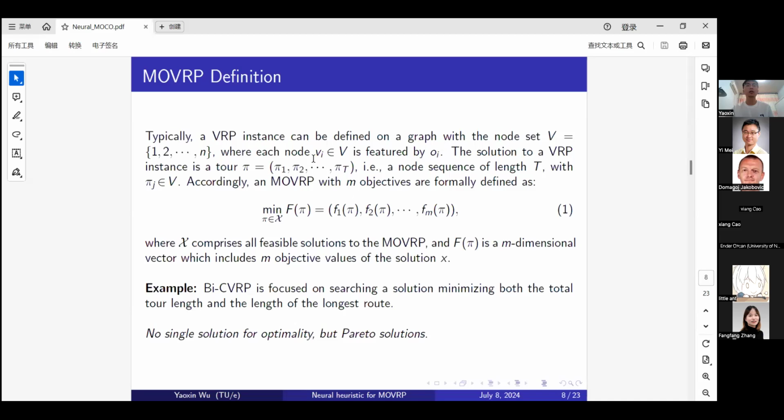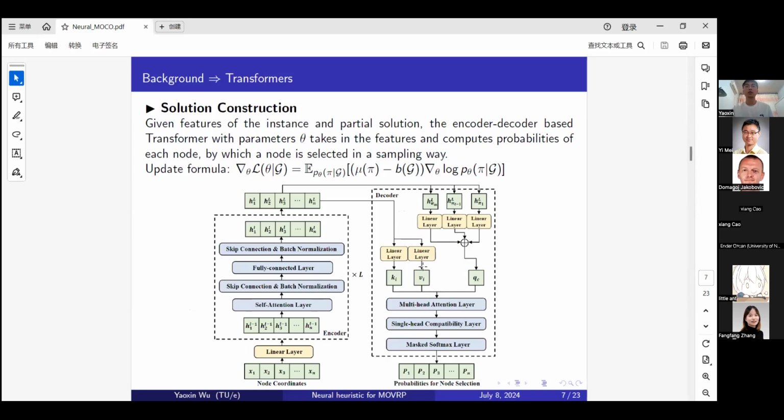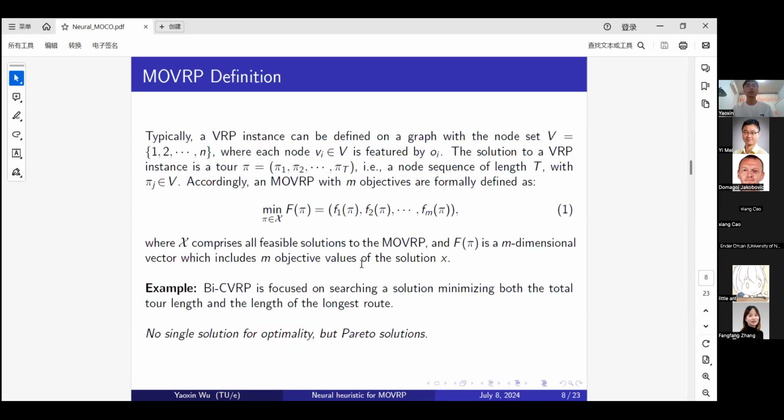So in our first work, we developed a transformer-based neural network on top of this structure. If we look at the difference between the multi-objective vehicle routing problem and the single objective vehicle routing problem, the main difference is the preference of different objectives.